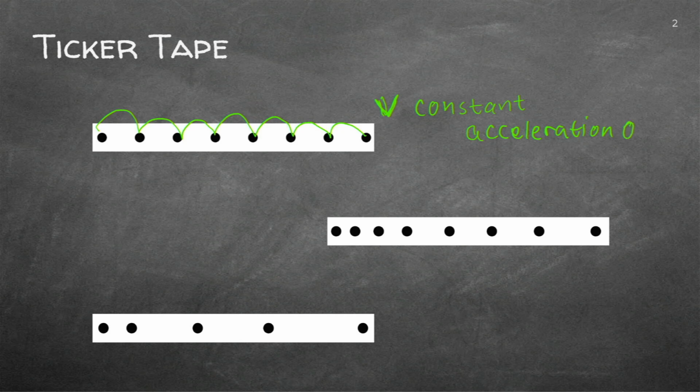It's not going faster or slower. In the second one, you'll see the dots are getting further away. So it's going faster. And do you see in this tape, it's even further away, larger spaces, which means it's the fastest of the three.